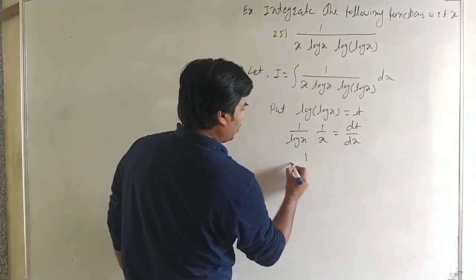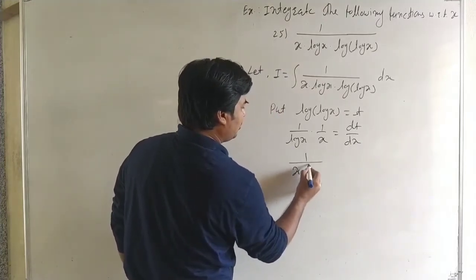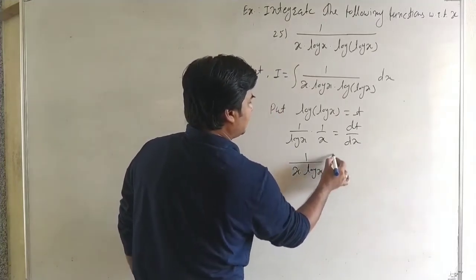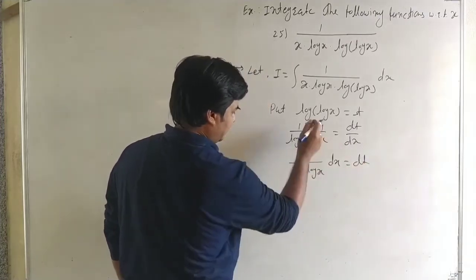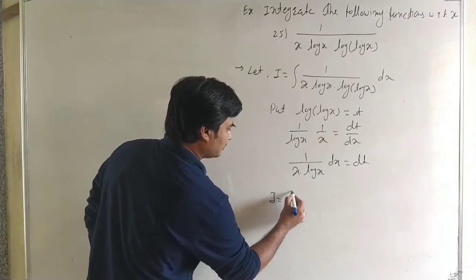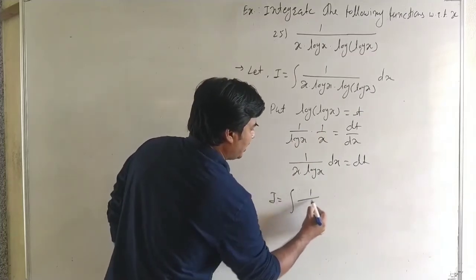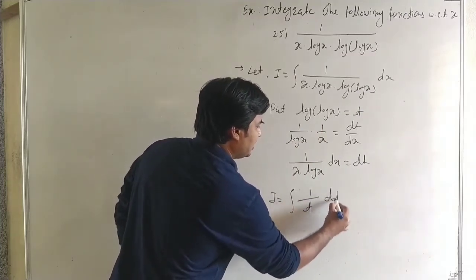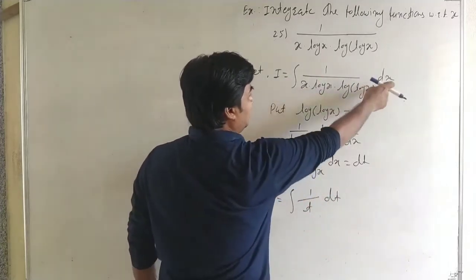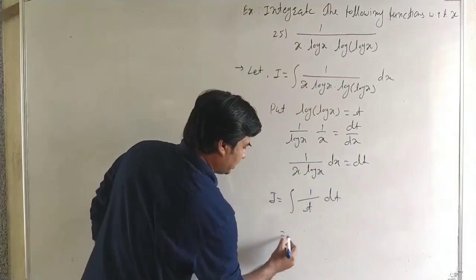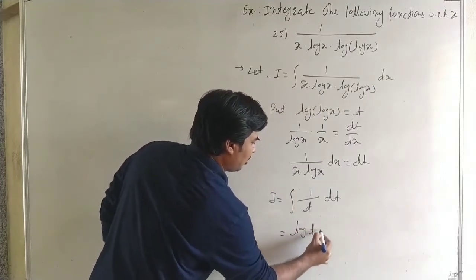Now 1 by x log x dx is equal to dt, and the integral is 1 by t dt, which is log t plus c.